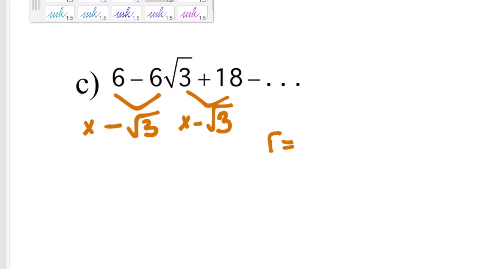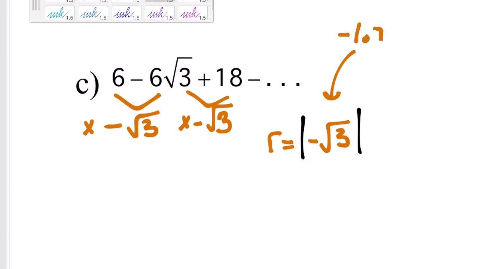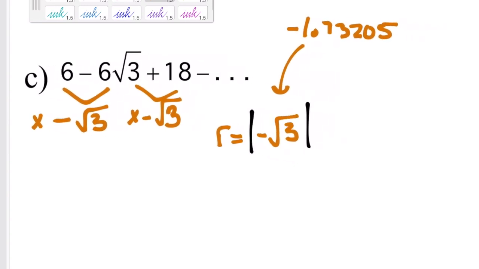So r is -√3. So I'm looking at the absolute value of this. And if you don't know, the square root of 3, or at least the negative version, would be about -1.73205, and then it keeps going because it's irrational and it just goes on forever. Nothing's repeating.